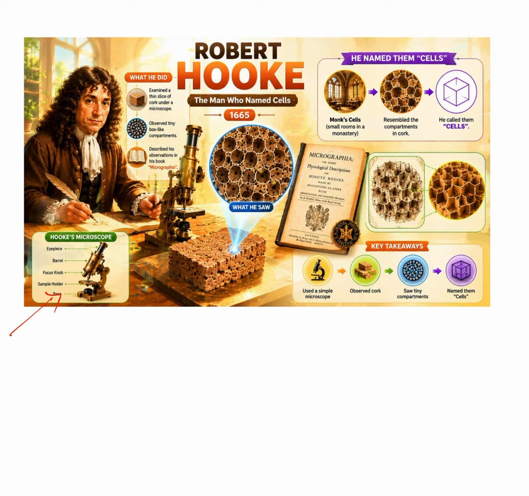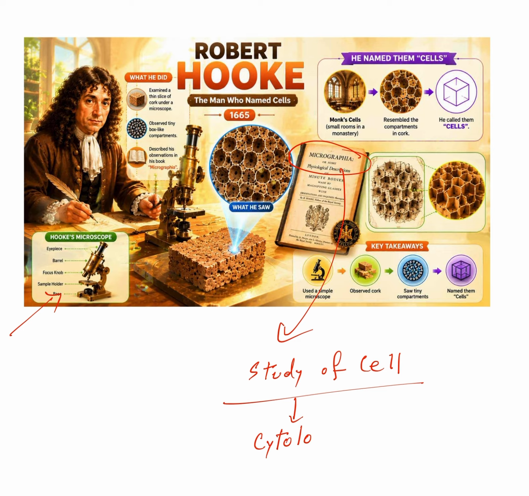And he wrote a book, Micrographia, right? From this Micrographia, the study of cell originated. You can also say from one chapter of this book, it gave birth to the branch of biology that we call cytology.